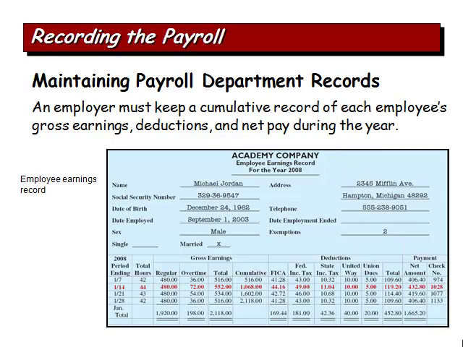So the payroll department needs to keep records on employees. There's an individual employee earning record, and it will show for each pay period how many hours they worked, what the pay was, the regular and overtime pay. There's a cumulative total, how much you've made year to date, and it shows the various deductions.